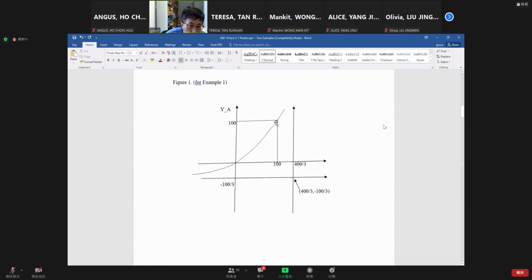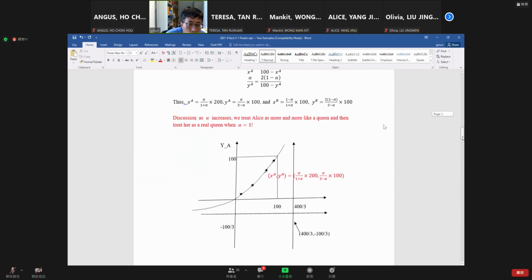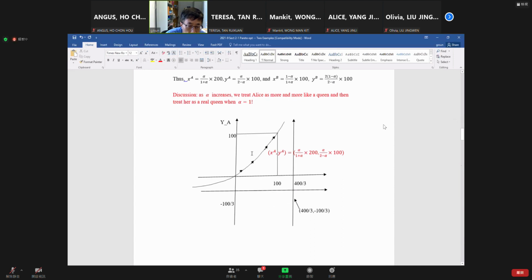We figured out this fragment of the curve is what we are looking for. That's the so-called exchange optimal. And then for the second one, we have an even better, more lovely result. Basically, this is what we get. Depending on the value of alpha, we are running through the whole curve. I think this solution is quite sensible, quite intuitive.